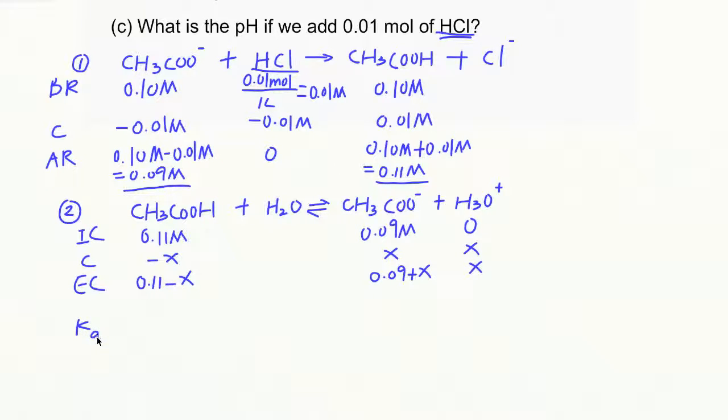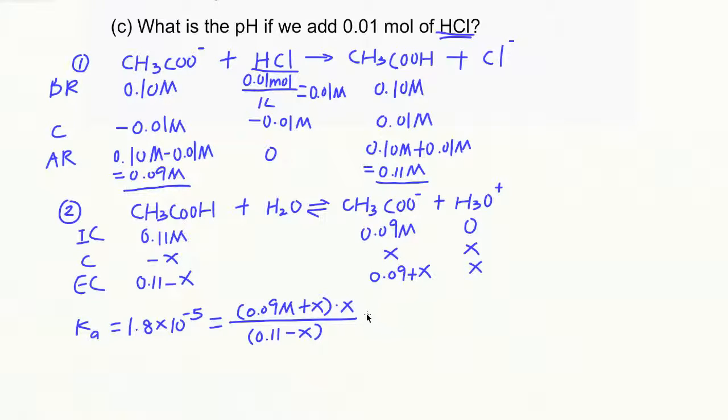So we need to use the Ka value. The Ka value for this acetic acid has been given, and that is 1.8 times 10 to the negative 5. And that equals, based on what we have in this IC chart, 0.09 mole per liter plus x, times x, divided by 0.11 minus x.